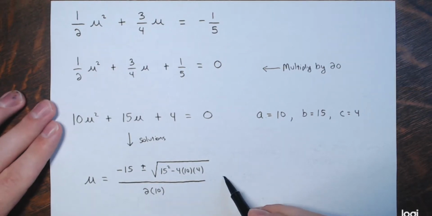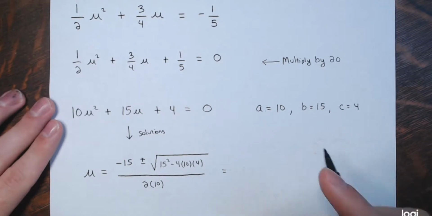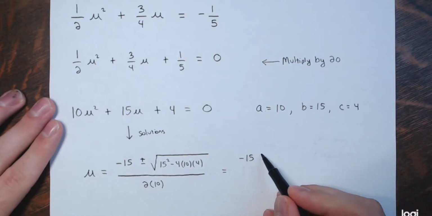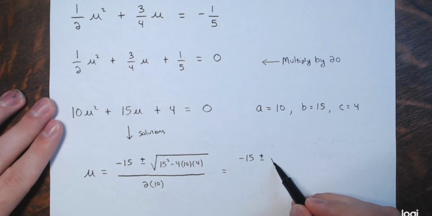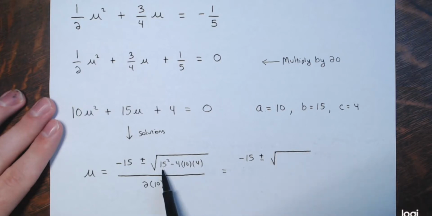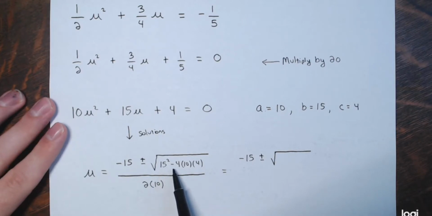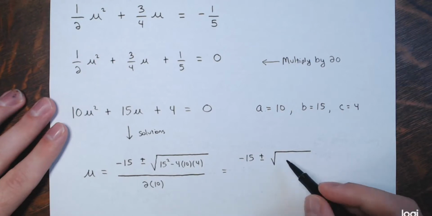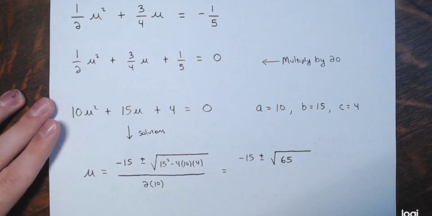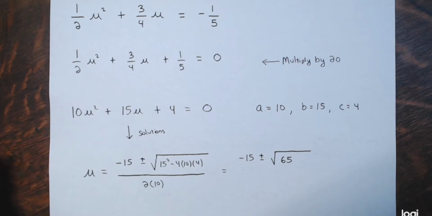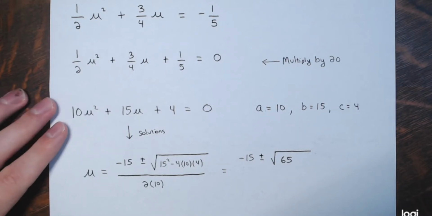Okay, now we simplify. So we have negative 15 plus or minus the square root. Now 15 squared is 225, and then 4 times 10 times 4 is just 160. 225 minus 160 would be positive 65.